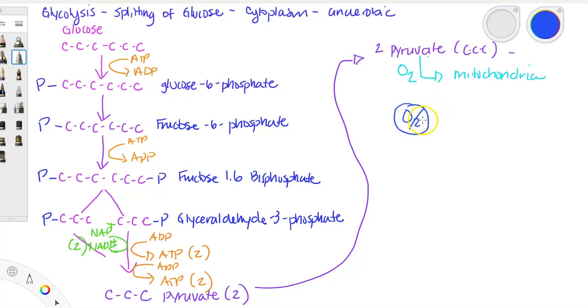Okay? If there is no oxygen available, then the pyruvate goes through fermentation, and we get lactic acid.